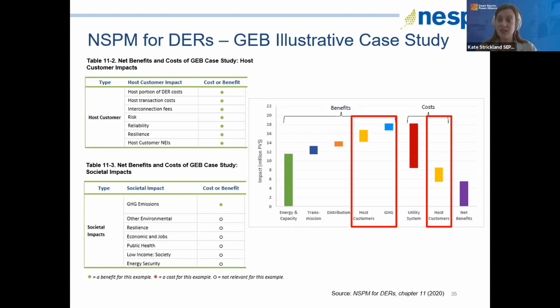Additionally, the blue section, the greenhouse gas reduction benefits, are accruing as the GEB helps offset resources with higher marginal greenhouse gas emission rates. And so within this case study, by including utility system impacts, host customer impacts, and selected societal impacts per a jurisdiction's priorities, we are illustrating a net benefit in terms of cost effectiveness. Next slide, Julie, please.